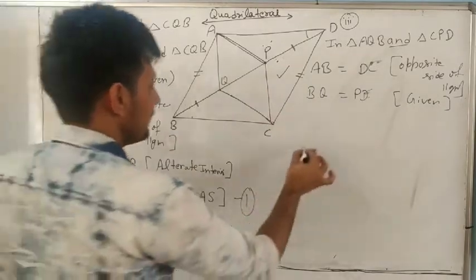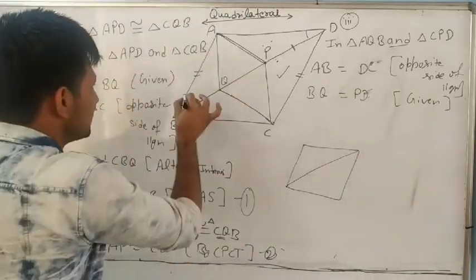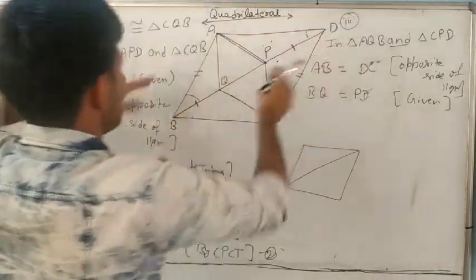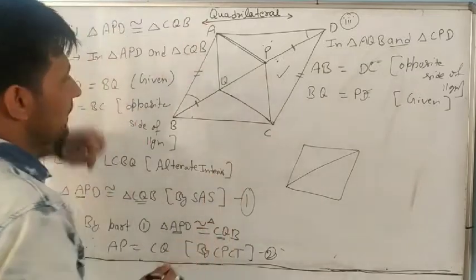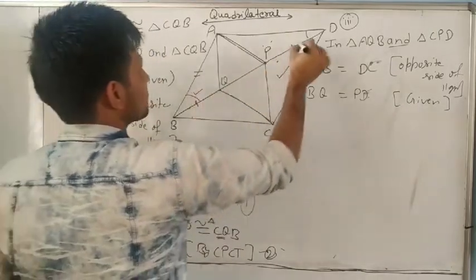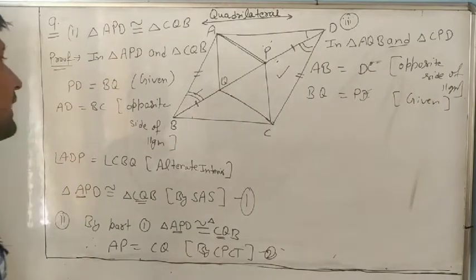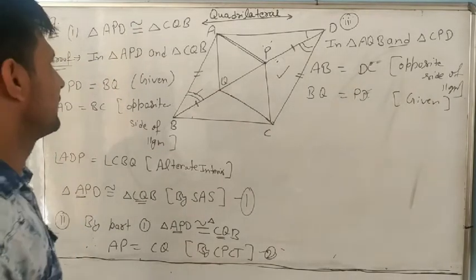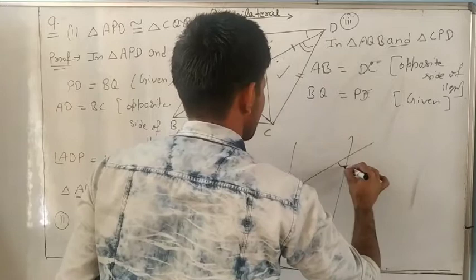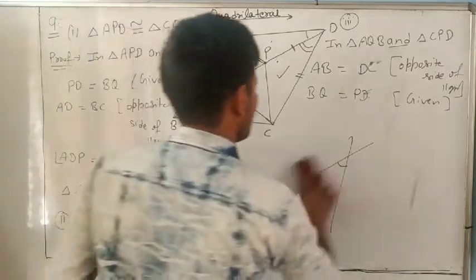We know ABCD is a parallelogram and BD is the diagonal, and whenever these two lines are parallel, this angle and this angle are alternate interior angles. Understand it? These two are parallel lines and BD is the transversal, so this angle equals this one. These are alternate interior angles.